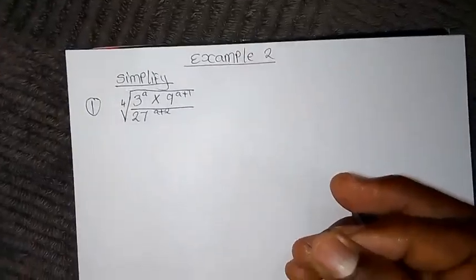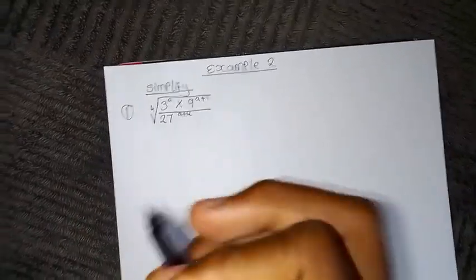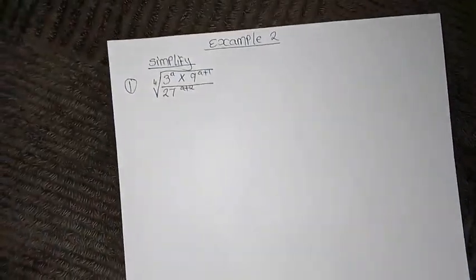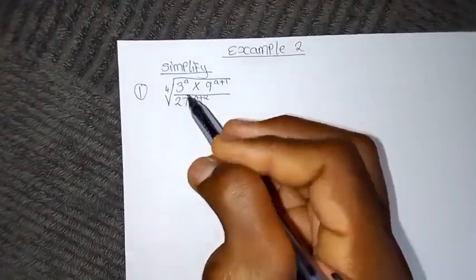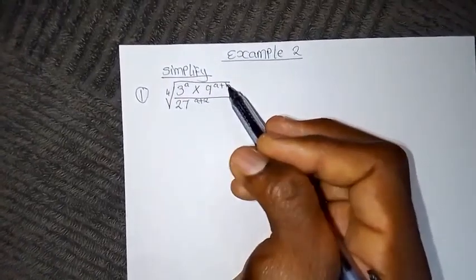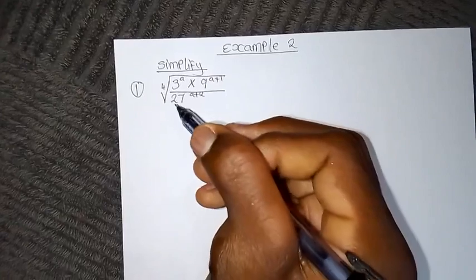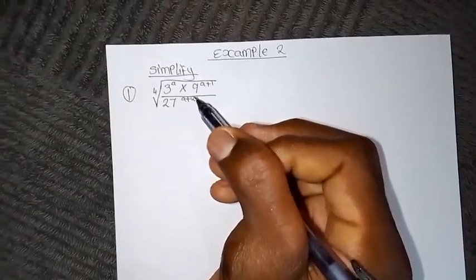Okay, here is example 2 on the same subheading. For this question, we're told to simplify the fourth root of 3 to the power a multiplied by 9 to the power a plus 1, over 27 to the power a plus 2.